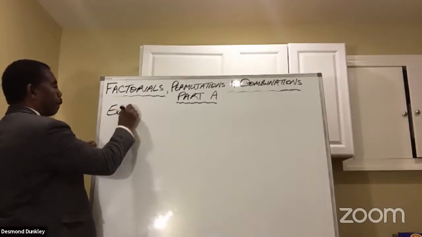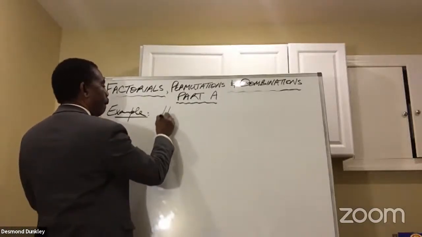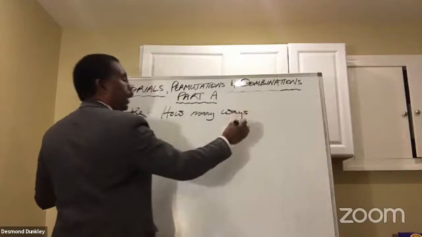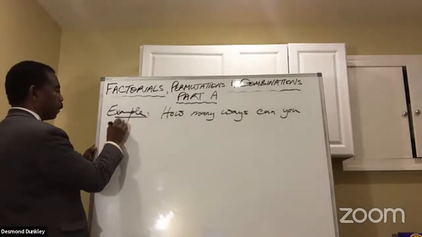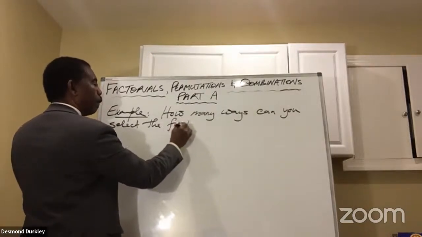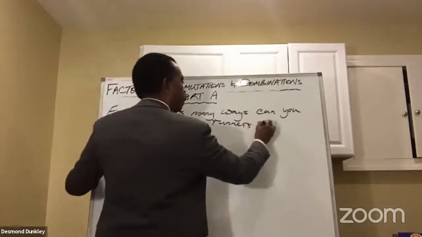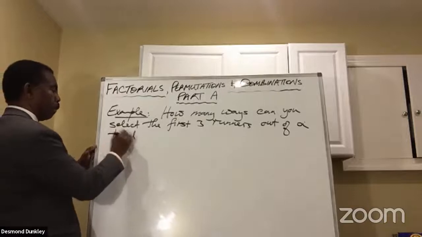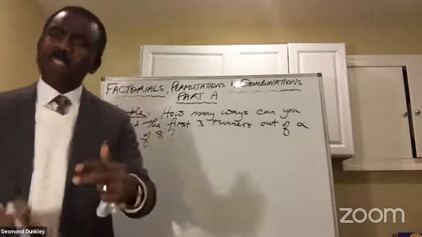Example. How many ways can you finish a race with 8 runners in first, second, and third? In this case, if you're talking about how they finish, the order is important.